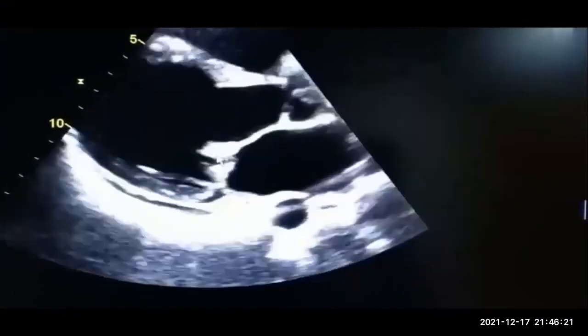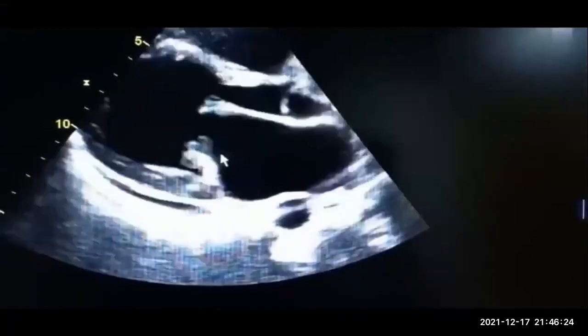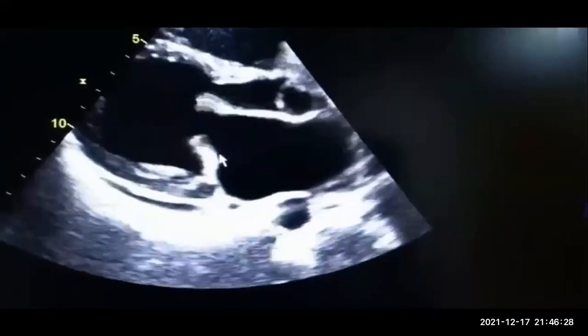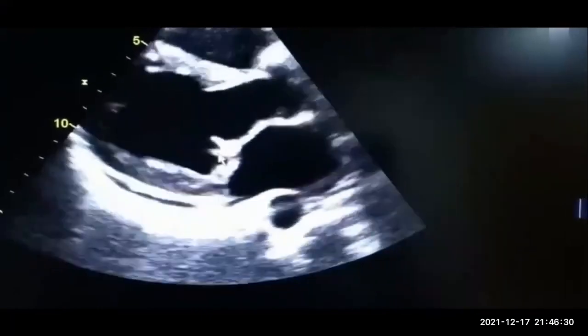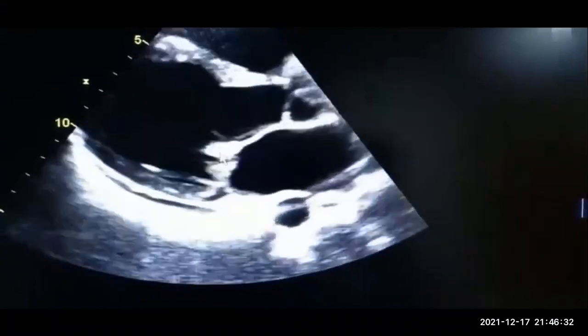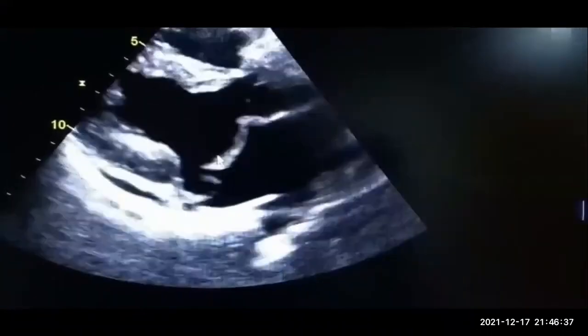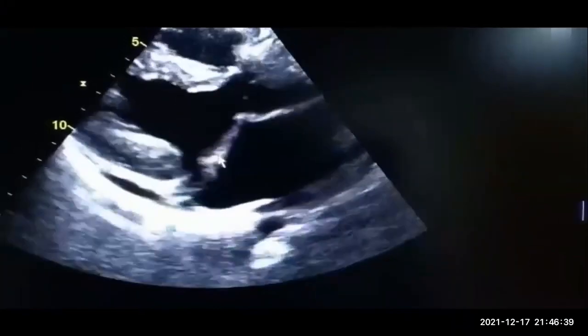Look at this case. This is a patient who has had mitral valve prolapse since 12 years old. Okay, I saw her today. She's 30 years old, and she has this prolapse. She doesn't have this thickness, but she has excessive tissue.